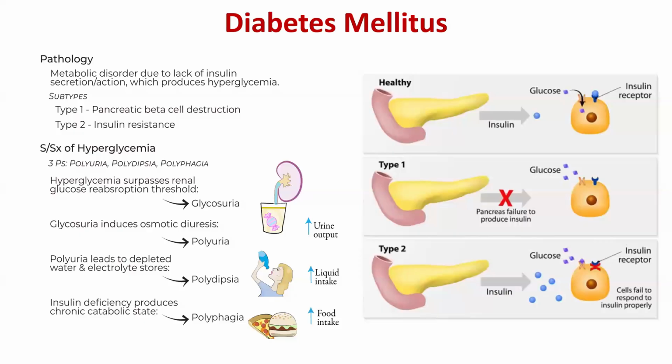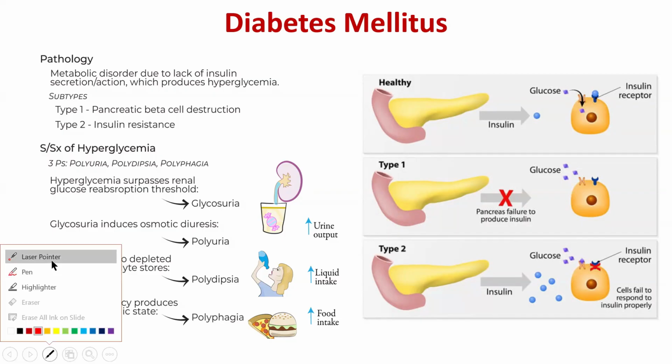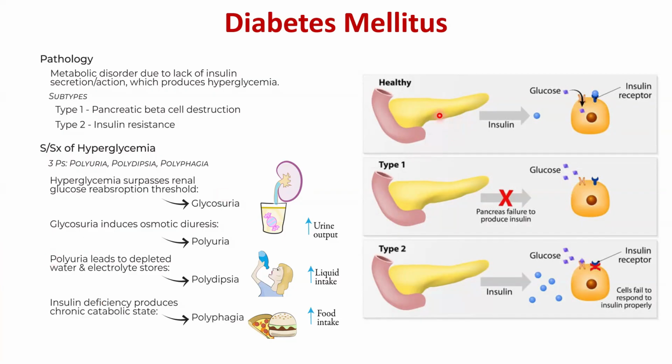The image that you can see on our right shows what we'll be describing. A healthy person produces insulin normally, and then glucose is taken into the tissues. In type 1 diabetes, the person cannot produce insulin.